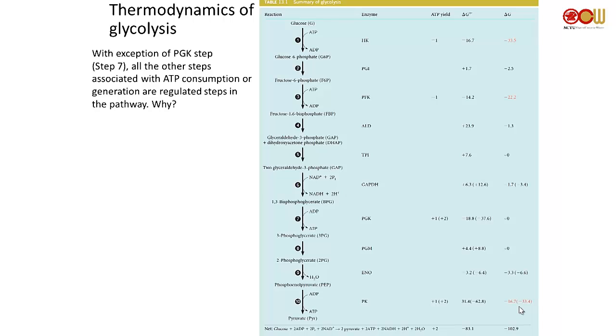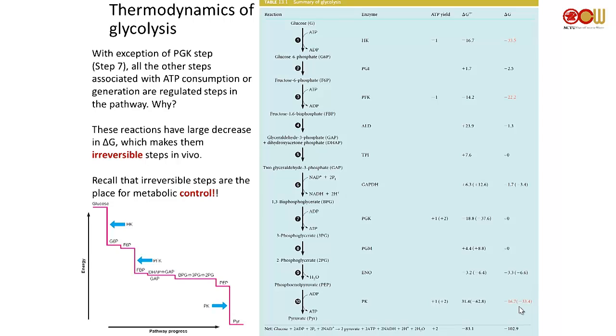The bottom line is, remember I said at the very beginning of our class that if you were to regulate a pathway, you are going to control wherever you have large delta G changes. So these 3 positions are going to be your regulated steps, which we'll talk about later.